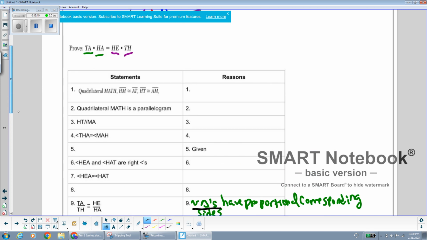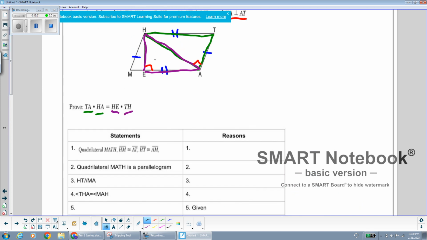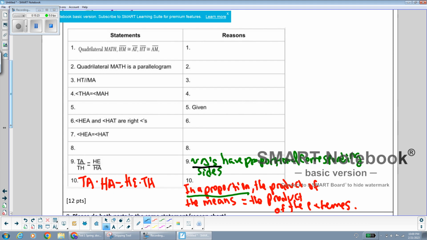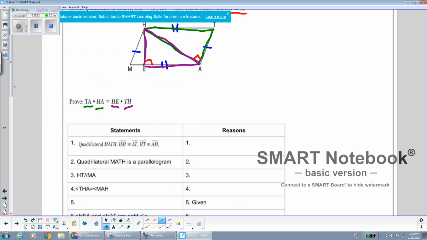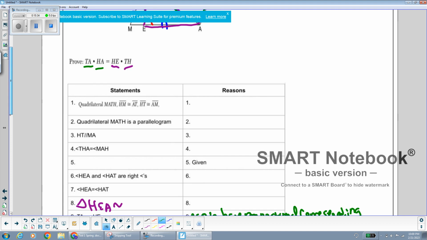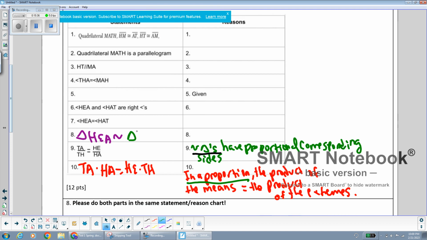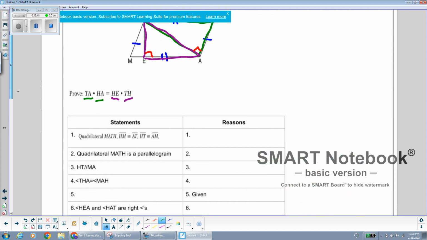And we know that we're going to be proving triangle HEA similar to triangle THA. And since this is a 2-column proof with no numbers, that means we're going to be doing that through AA. So we really got the end of the proof down. We just need to figure out where that AA is going to come from.